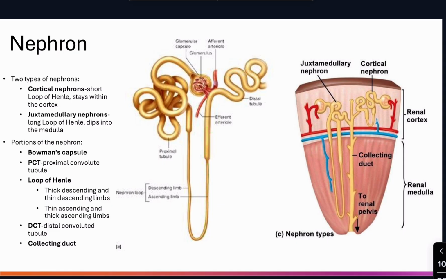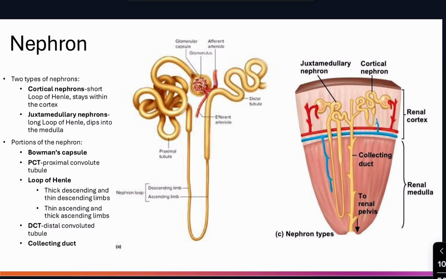Those descending limbs are going to have different portions. The descending limb is going to have a thick descending limb and a thin descending limb portion. So this is all the descending limb, but this is the thick descending limb, and this part is the thin descending limb. And the same is the case with our ascending limbs.